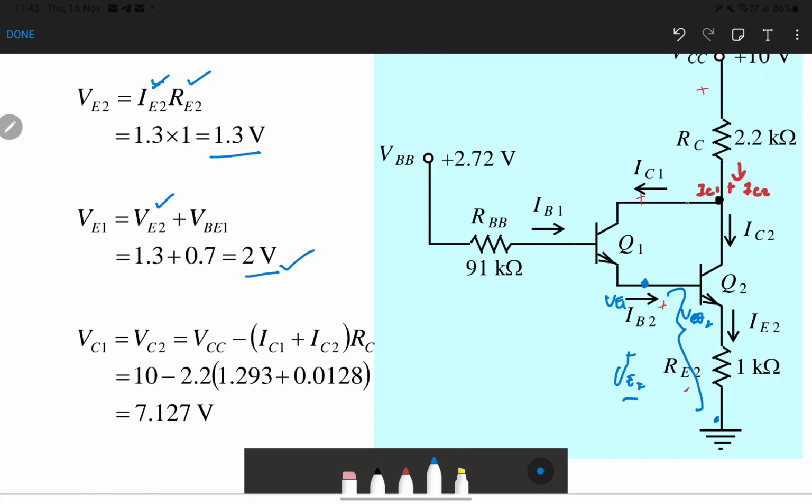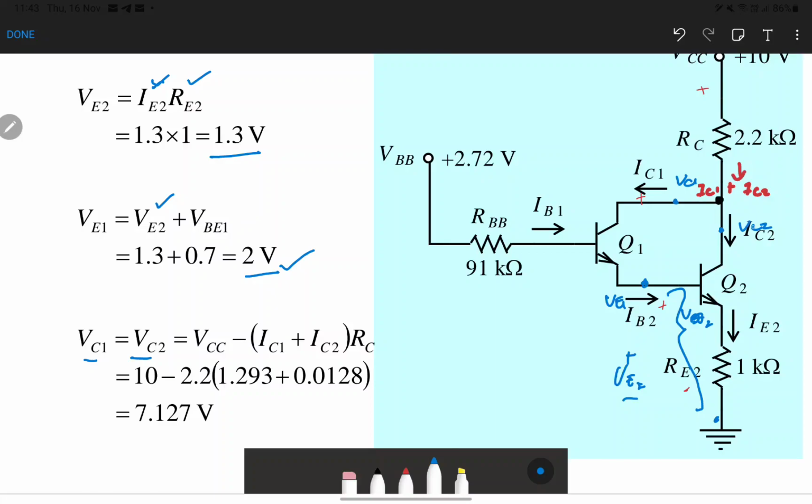So now we need to find the value of VCE1 and VCE2. Okay, if we see on the circuit, we realize that the location VCE1 and VCE2 are parallel to each other. So we can say that VCE1 and VCE2 are the same value.